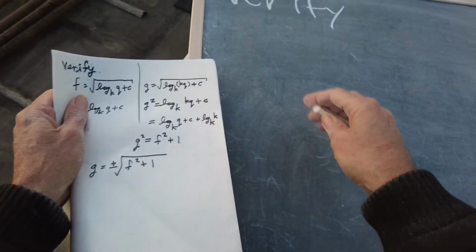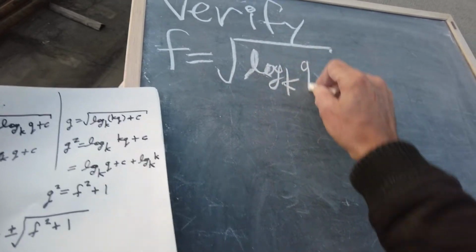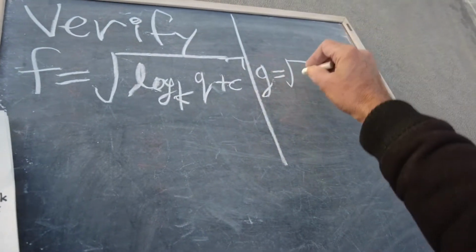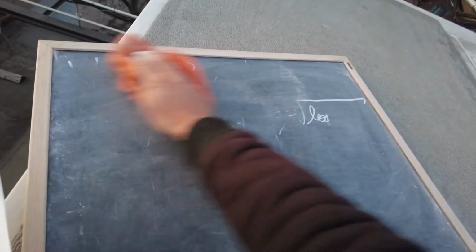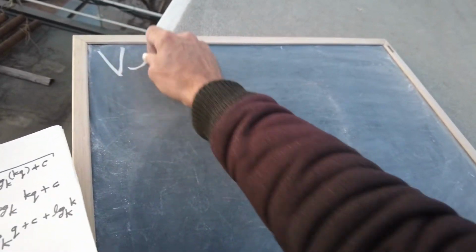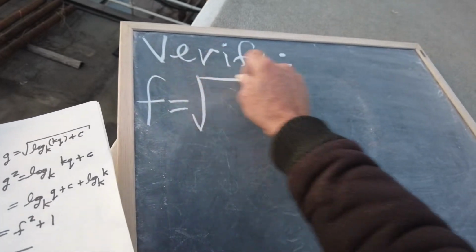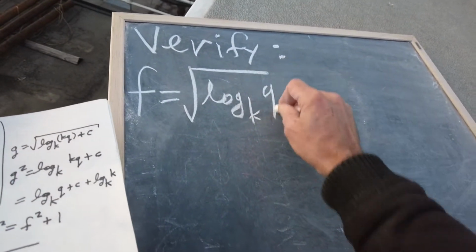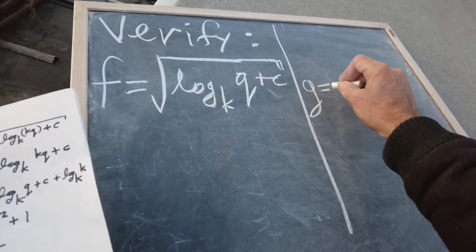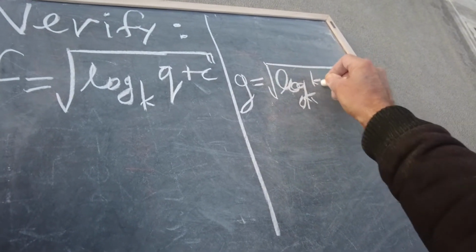But let's verify that this is a solution. F equals the square root of log k of q plus c, and likewise g equals the square root of log k of kq plus c.